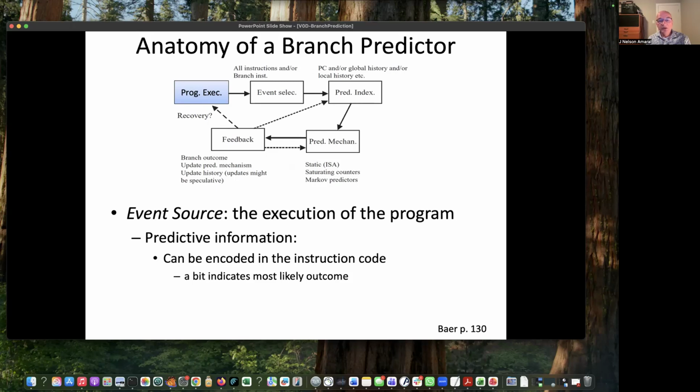It could be a bit indicating the most likely outcome. It could be the information simply that the branch is forward or backward. That information can easily be extracted from the instruction code as well. Or I can obtain the information from some kind of profile information that most likely would involve the compiler as well.